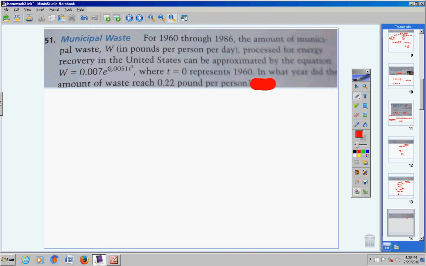So this is a model in which you can tell me the amount of waste per person and I will tell you how long it took, or you can tell me the year and I will tell you how much waste per person we had. They're telling us that we have 0.22 pounds per person, so for W, I'm going to put 0.22.